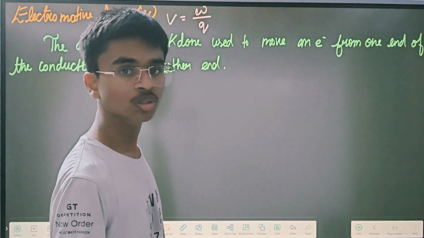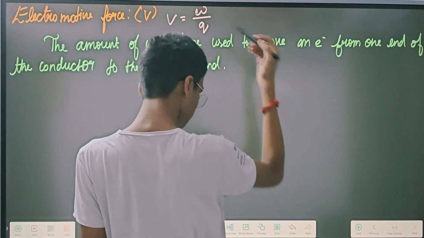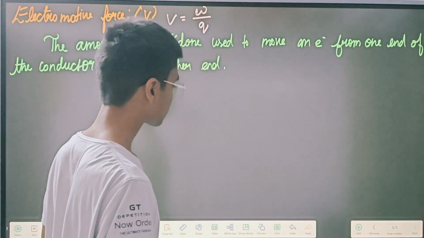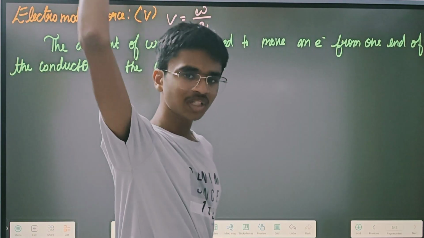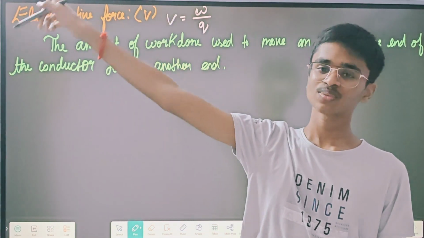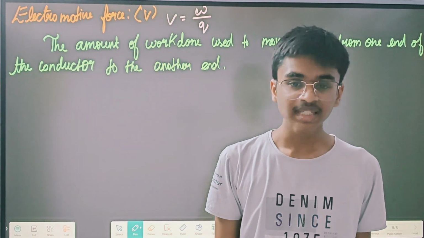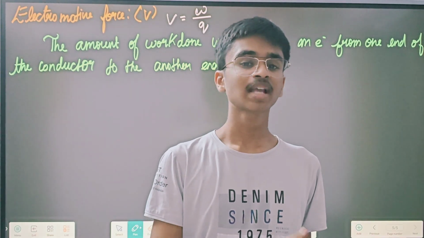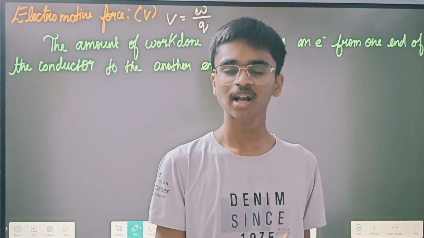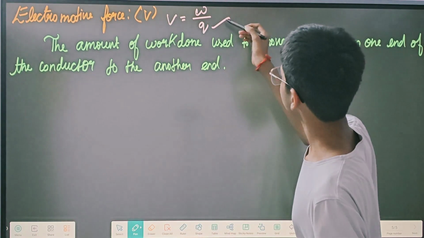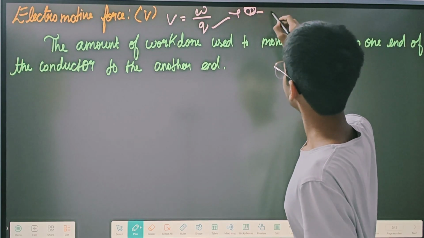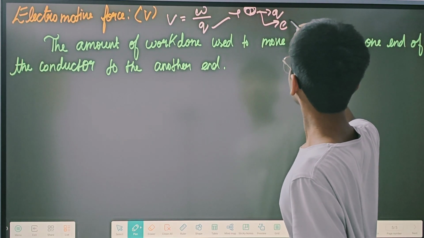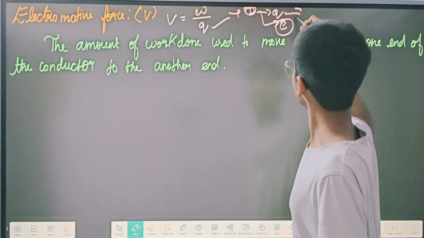So voltage is equal to work done per charge. See, in the very beginning of our physics video itself, I said that Q should be used for electrostatics. The representation of charge is actually of two different types: one is Q and the next is E. Normally we use Q for electrostatics only.